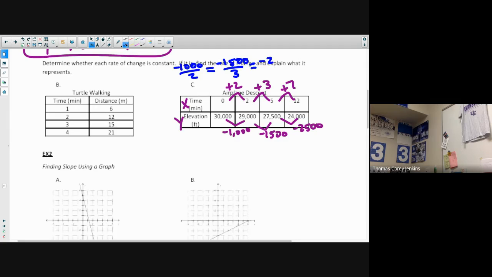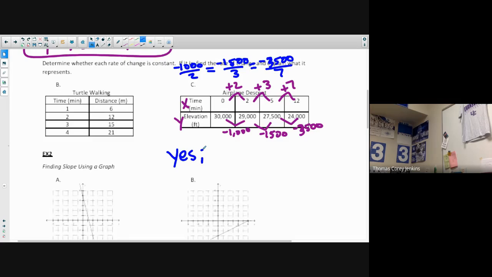So that wouldn't have worked out, but I did the math wrong. This last one should have been -3,500. Maybe you caught my mistake there. Anyways, -3,500 over 7 is also negative 500. Okay, so the answer here is also yes.